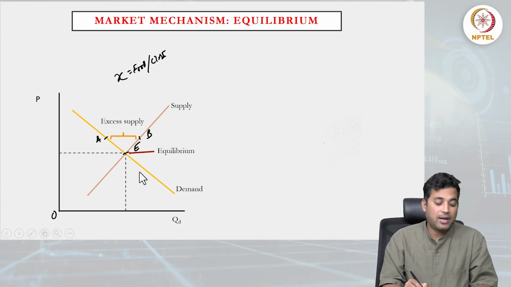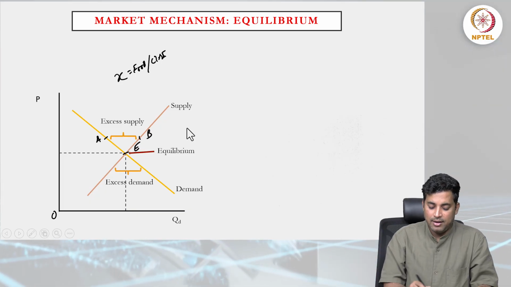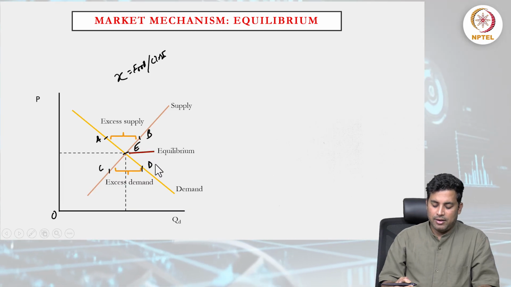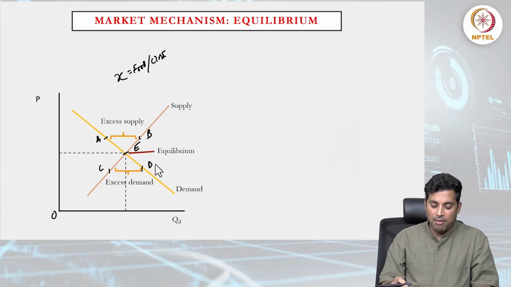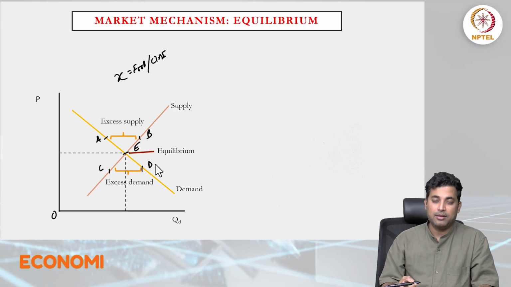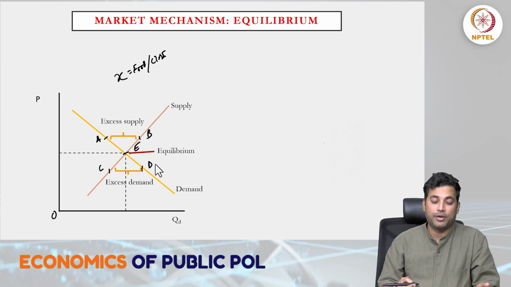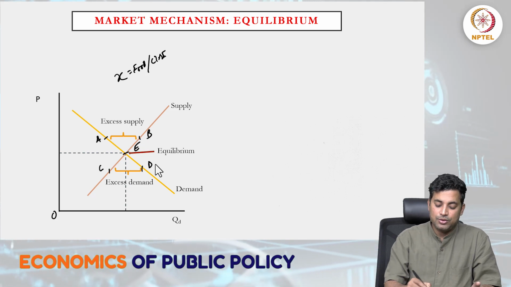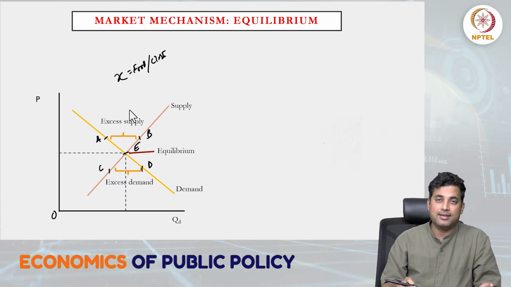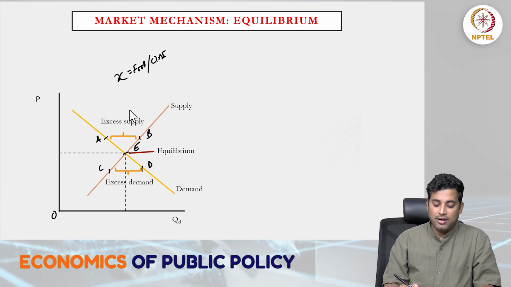This is excess supply, where supply is more than demand, and here, say points C and D, there is more demand than supply, which is the excess demand. So there is a kind of shortage, and here is the surplus. The excess supply is basically the surplus, and the excess demand is basically the shortage.